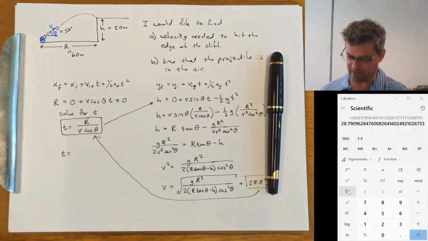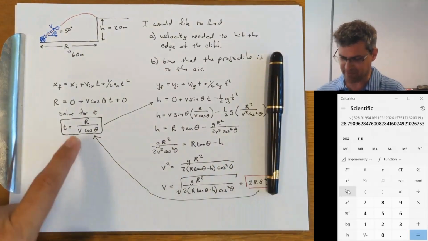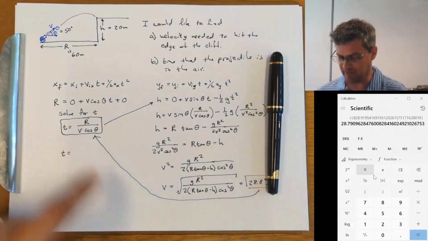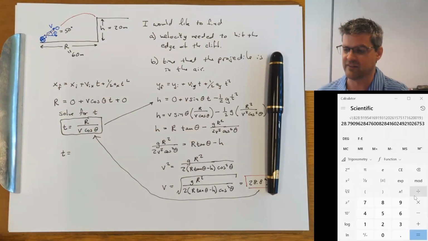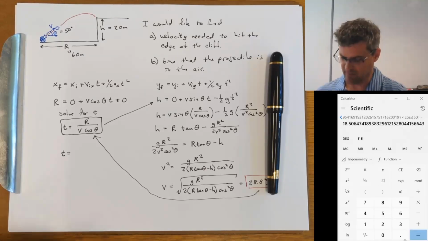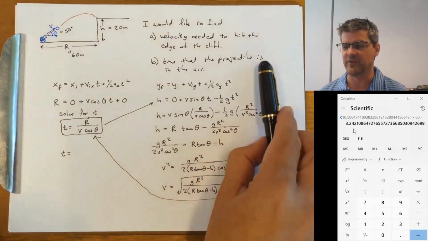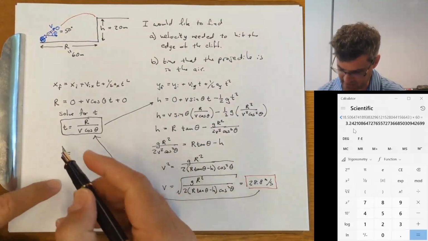So we still have our calculator up here. We have the velocity. So let's take this velocity and multiply by cosine of 50. So times cosine of 50 is equal to this. Put that in the denominator and multiply by r. So it is in the air for 3.24 seconds.